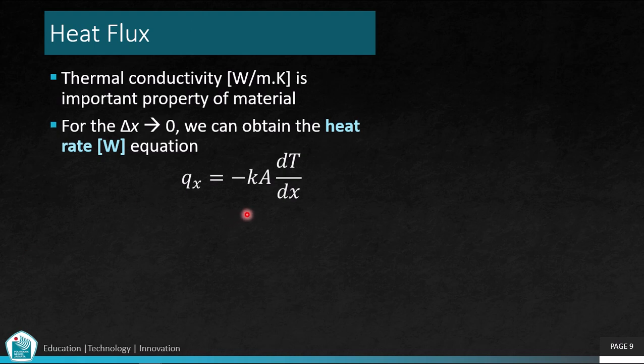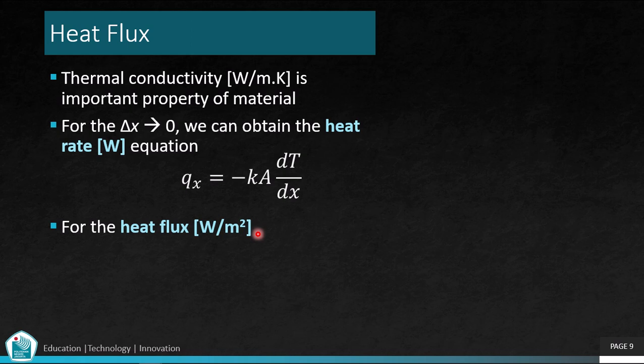Or for the heat flux, this is the new terminology. This is heat rate and this is heat flux. The unit is slightly different. The unit of heat rate is watt, however, the unit of heat flux is watt per square meter.